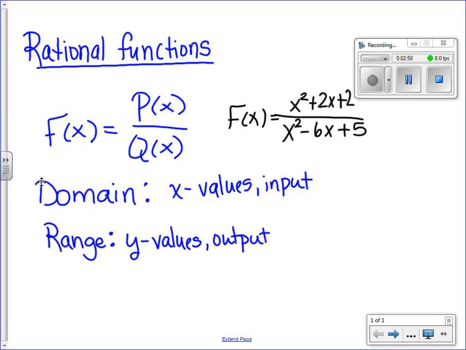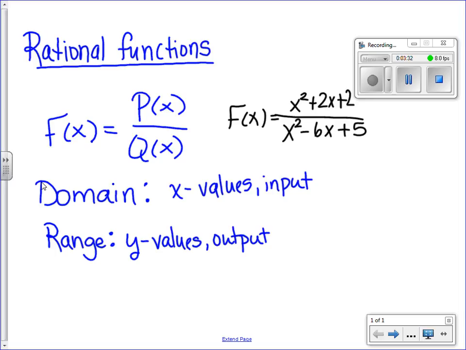I can put 0 in, because if I put 0 in, then it's going to be 2 over 5. So I can put 0 in. But you're on the right track. It can't be 5 or 1, because what happens if it's 5 or 1? Right. It's not that I can't have 0 in it, it's that I can't have 0 as my value on the bottom. Because, can we divide by 0? No, division by 0 is undefined.